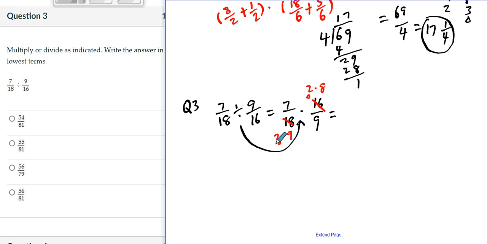And then 7, you cannot separate that. This 9, you can separate 3 times 3, but it's not necessary. So you have a 2 cancelled. Then you should have upstairs 7 times 8, 56.